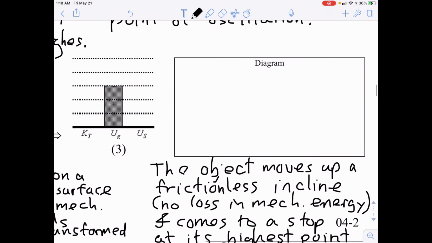Diagram could look something like this. Got a wall, surface, incline, some height h above the ground. Mass starts here, spring-loaded at rest.